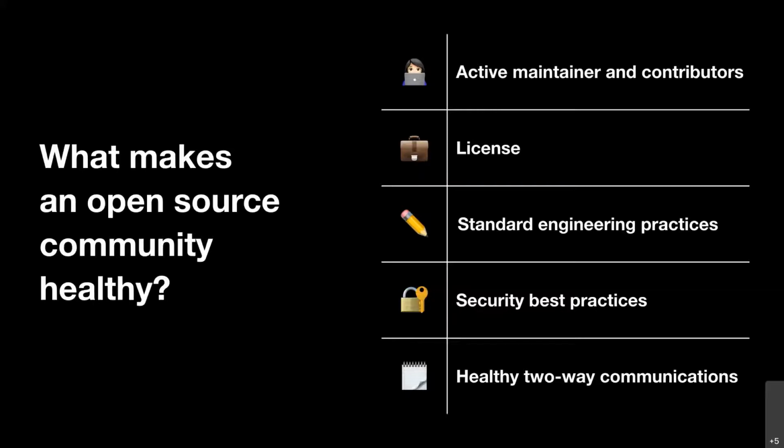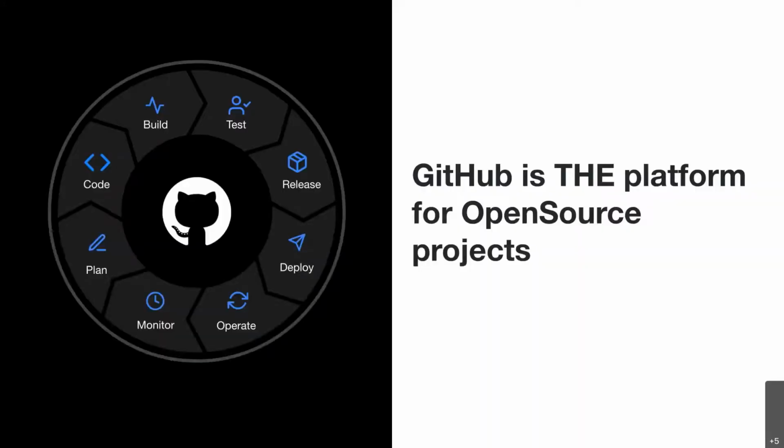And that healthy debate makes sure you're really building a rock solid project or product in the open source community. So when you look at all of this, it becomes very important to put together a platform to enable DevOps as a practice and open source as a culture.